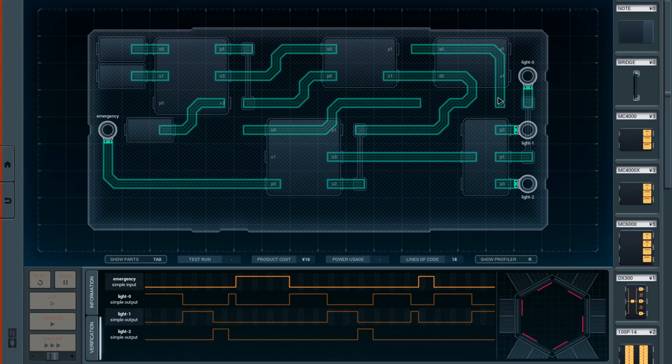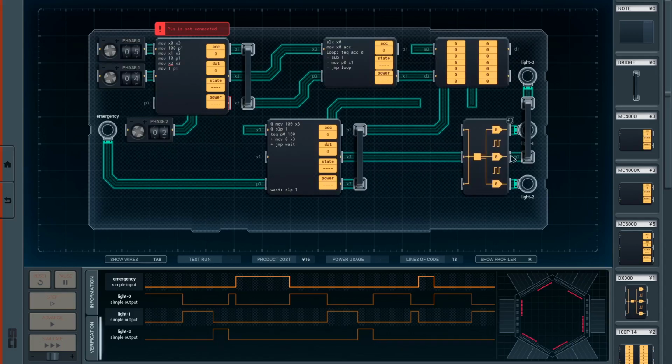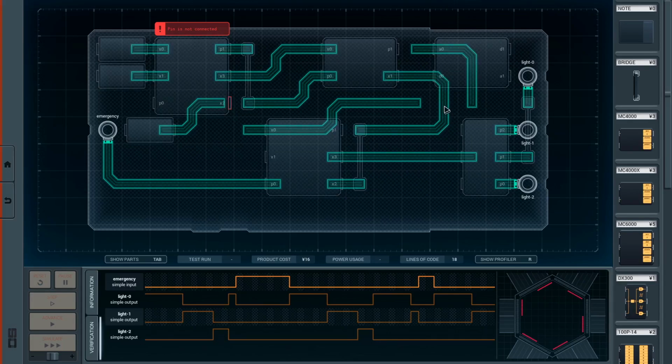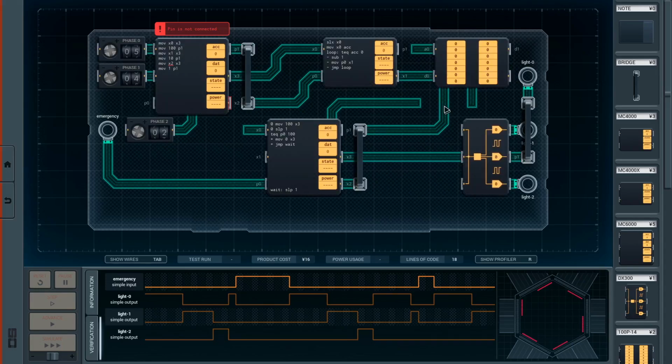Can I route this through here somehow? No, that's a dead end. Unless I can... I don't think so. Because, yeah, I needed to move you over.